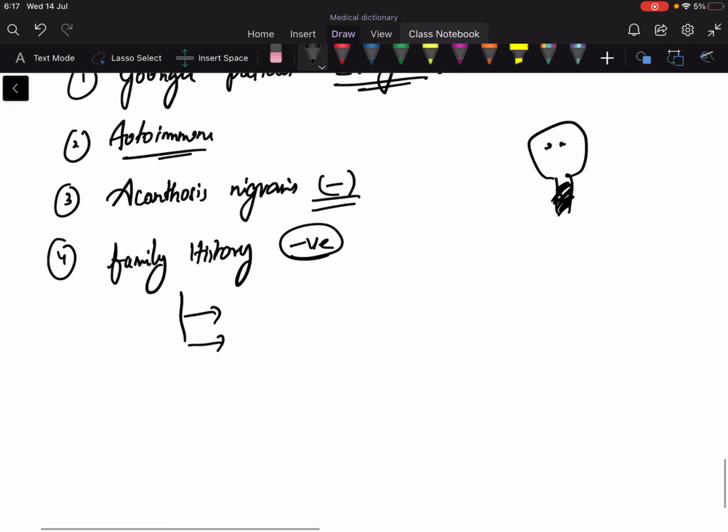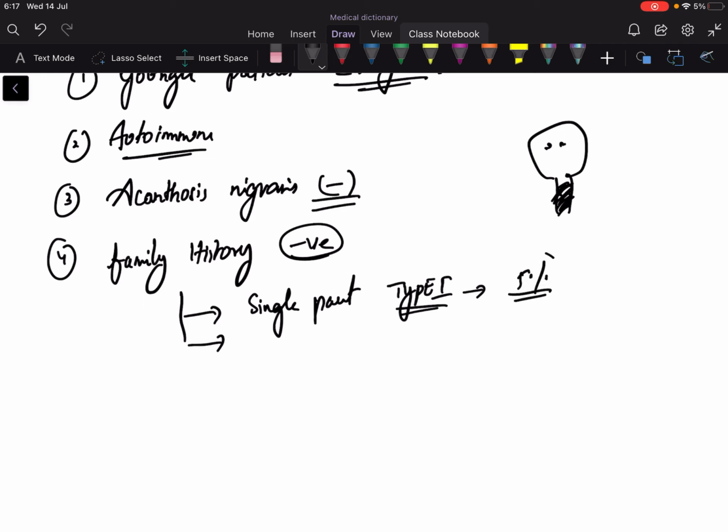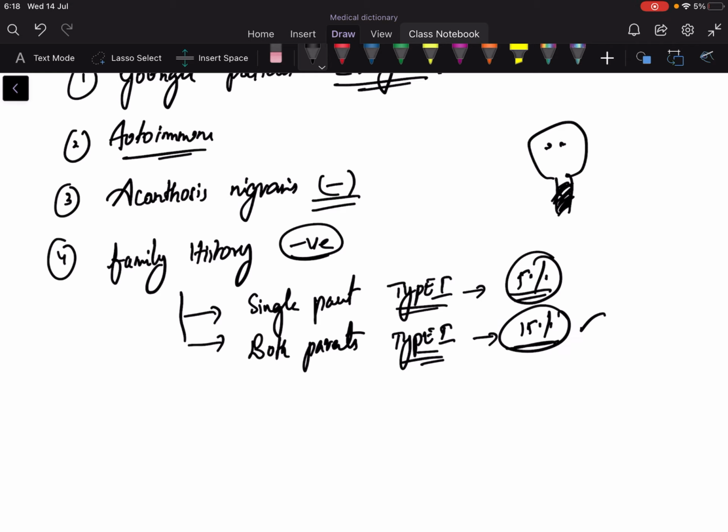Suppose if a single parent is having type 1 diabetes, the son or the daughter has a risk of 5% of getting type 1 diabetes. What if both parents are having the disease? Both parents are having type 1 diabetes, the children will have a 15% risk of getting the disease.